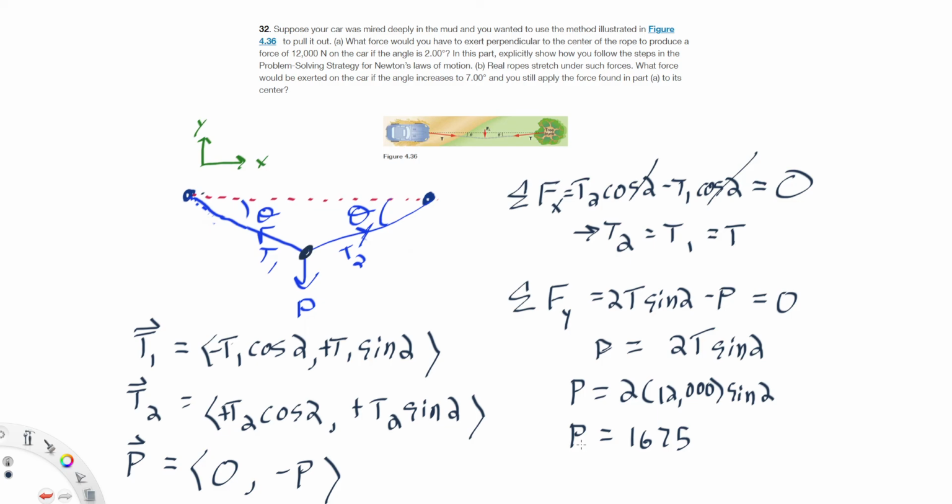I guess pulling perpendicularly on this rope is actually not such a bad force multiplier, right? Like you exert 1600 newtons of force, and you end up pulling on your car with 12,000 newtons of force.